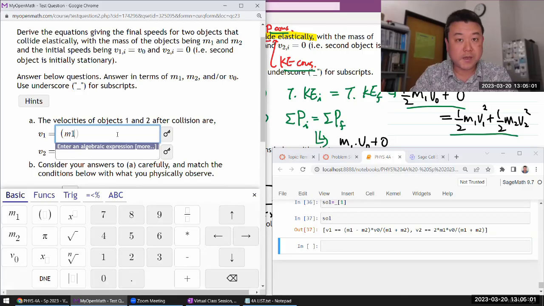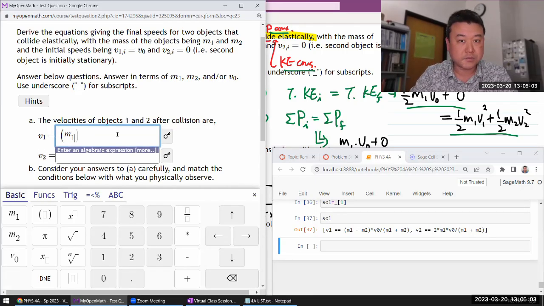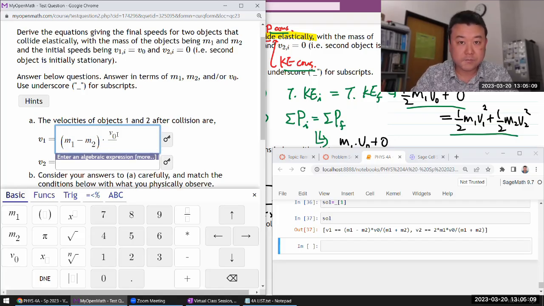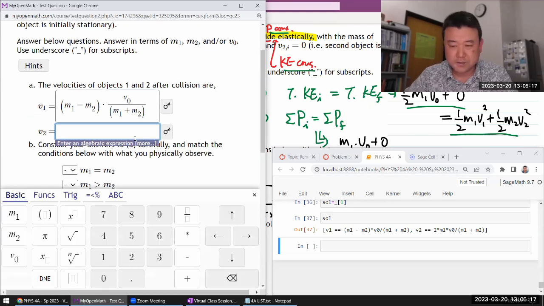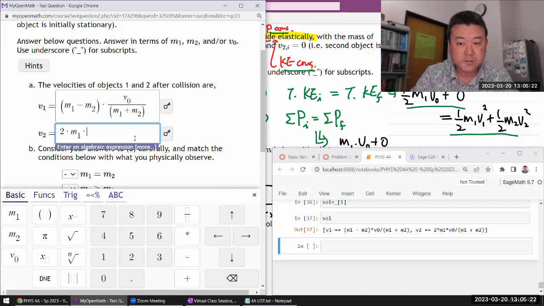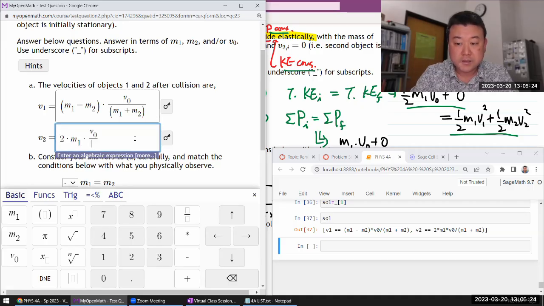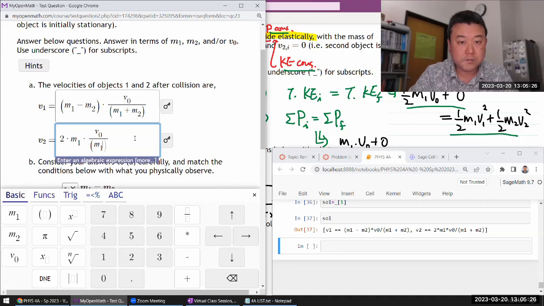So V1 is going to be M1 minus, I need the subscript, minus M2 times V naught divided by M1 plus M2. And I think even though this looks a little ugly, it'll be fine. It'll recognize the correct expression. 2 times M1 times V naught divided by M1 plus M2.